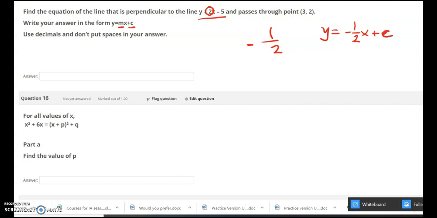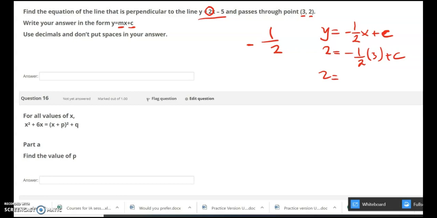We don't know the y-intercept, so we're going to use the coordinates that are given to us to work it out. So there is x and there is y, so we'll replace them, y being 2 and x being 3, plus c. So 2 is equal to negative half of 3.